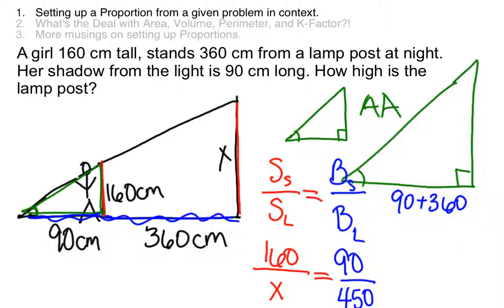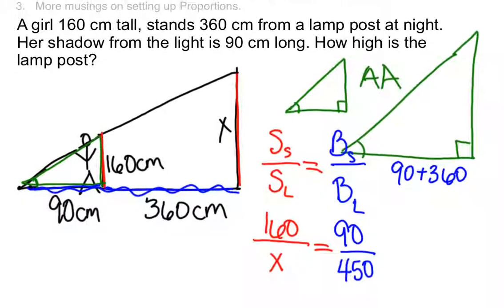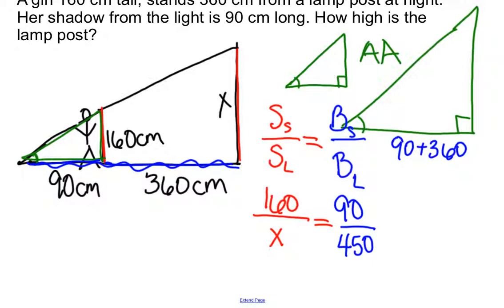So you're talking about small triangle left, big triangle right, small over large, small over large. Yes. Okay. And then from here we're going to go ahead and cross multiply. Oh, that algebra. Yeah. 160 times 450, and then 90 times x.